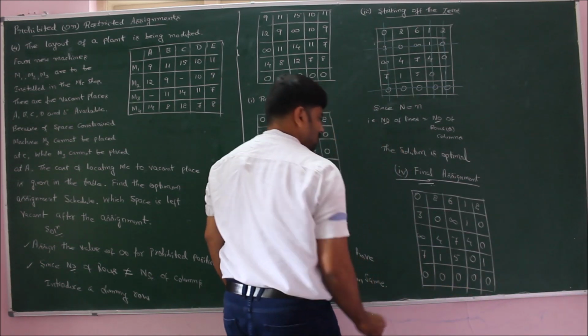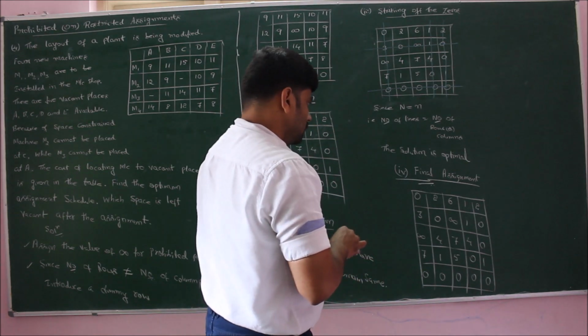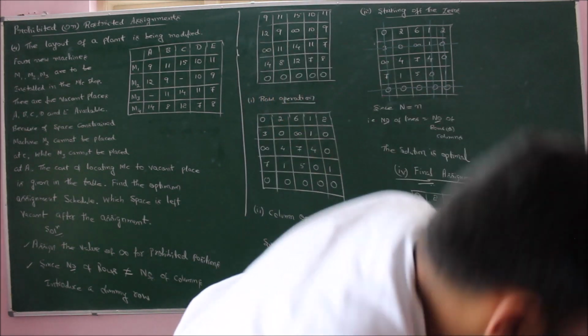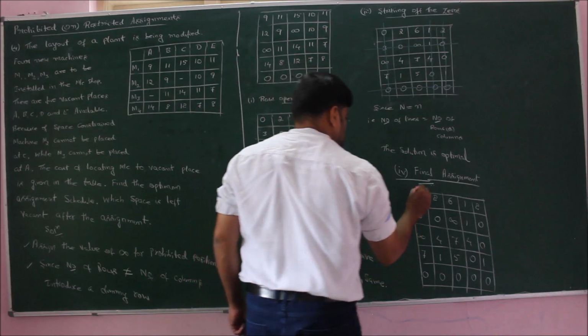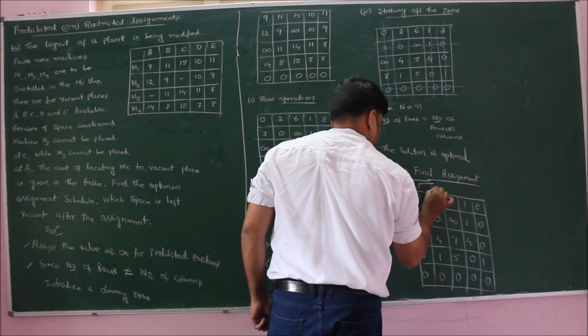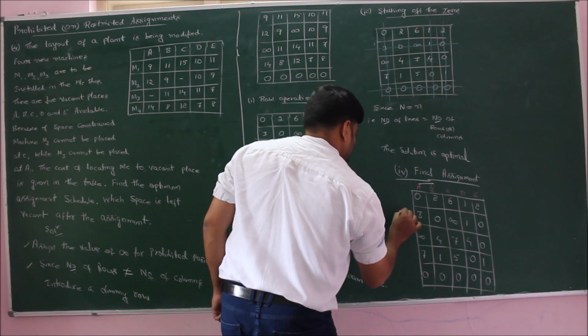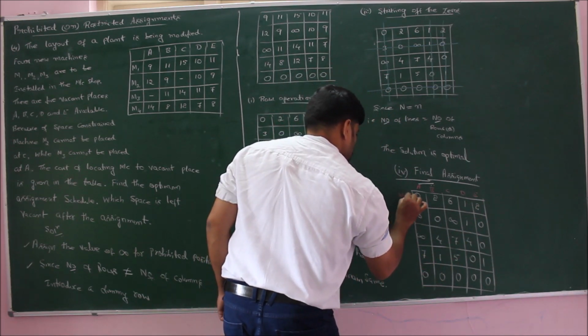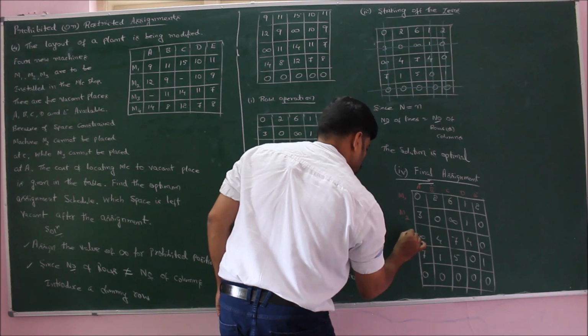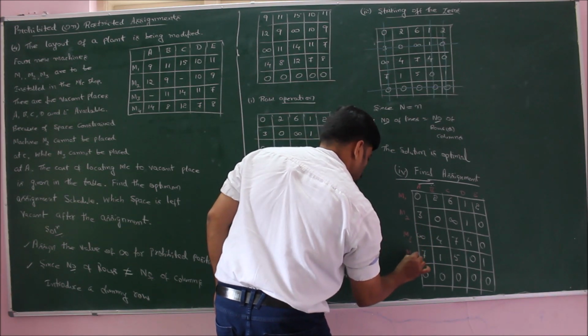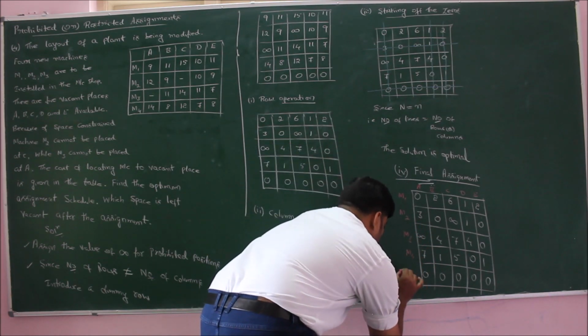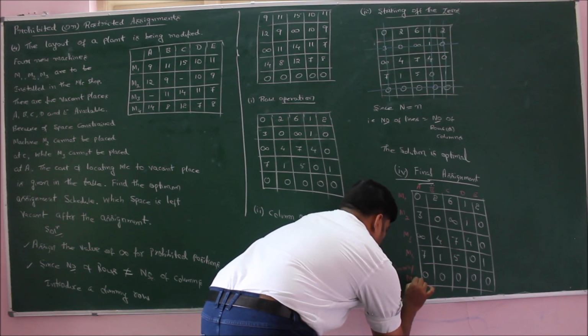For allocations we want machines and places. We have the places as A, B, C, D and E. We have machines as M1, M2, M3, M4, whereas M5 is a dummy machine 5.